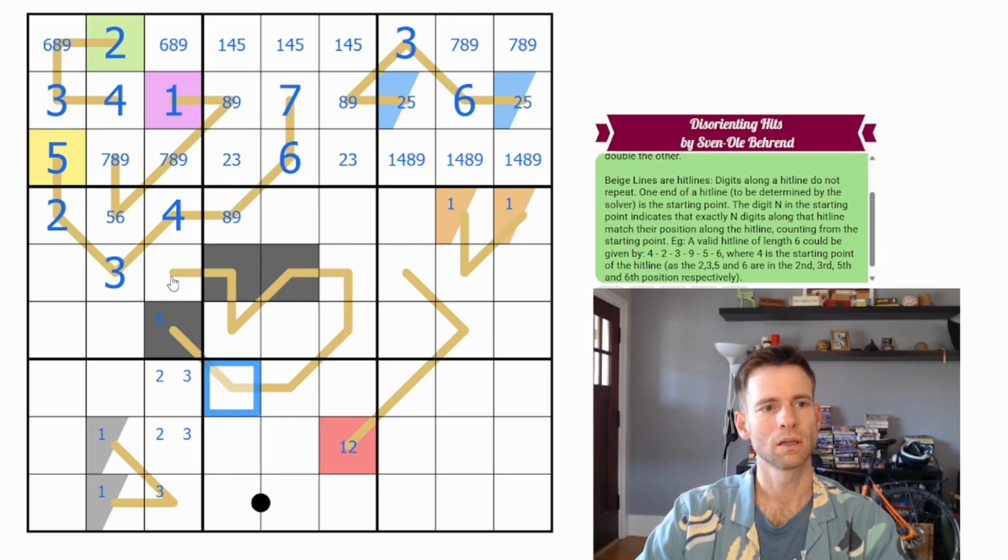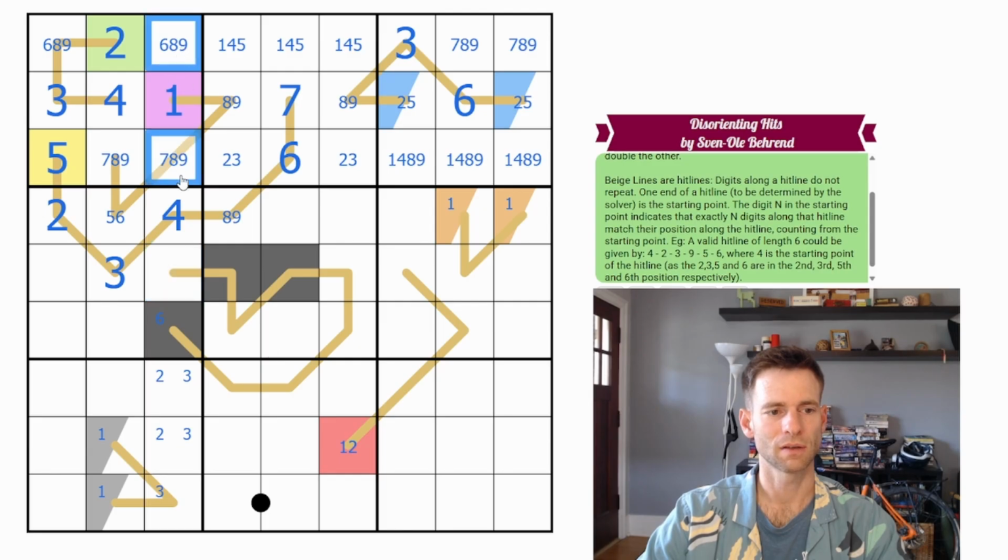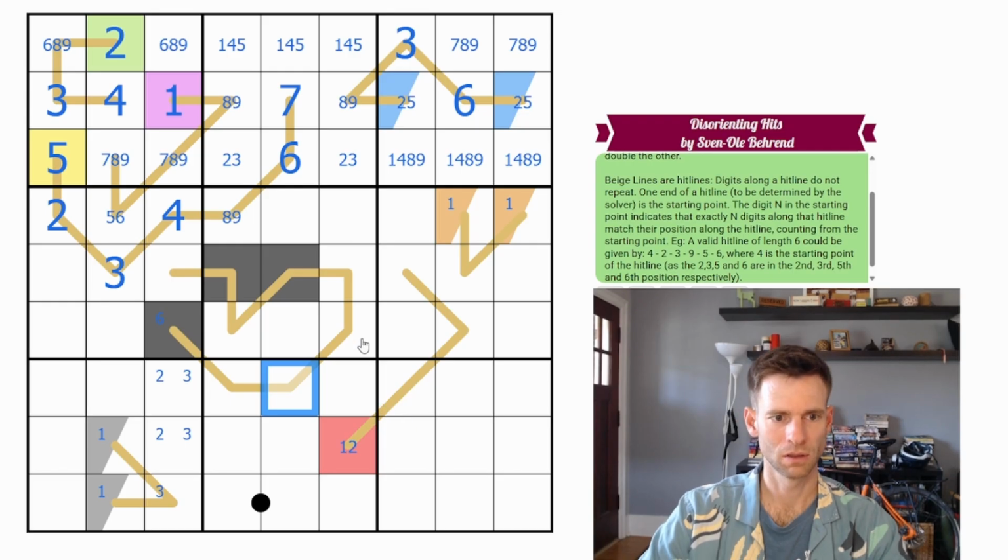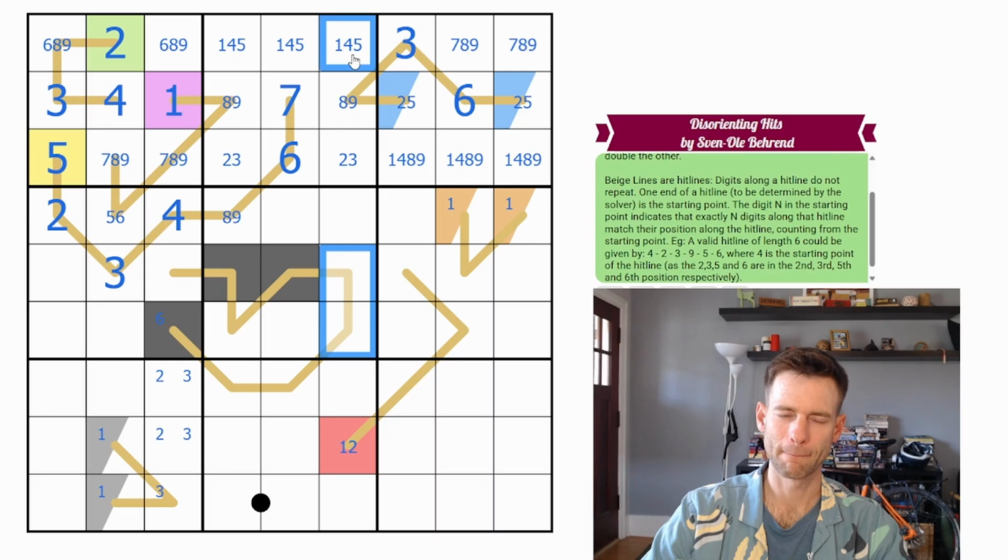So this would be a 9. Maybe 6, 9. 8, 7. 2, 3, 5. But this would have to be 2, 2, 3. 4, 5 takes away that. That'd be a 1, that'd be a 2, that'd be a 3.